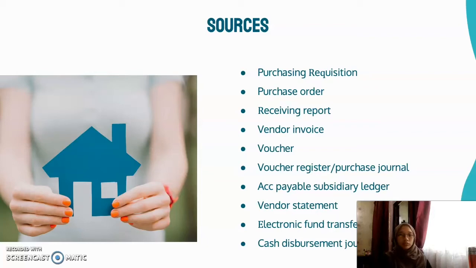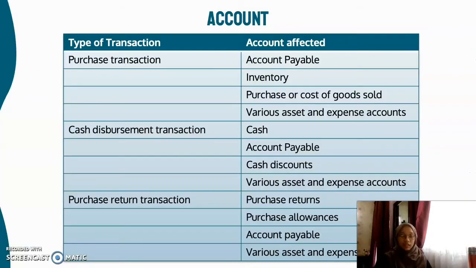So moving on to the next slide, which is type of transaction and its account affected. We have listed 3 types of transaction, and there are many more, but we only list 3 types of transaction, such as purchase transaction, cash disbursement transaction, and purchase return transaction.